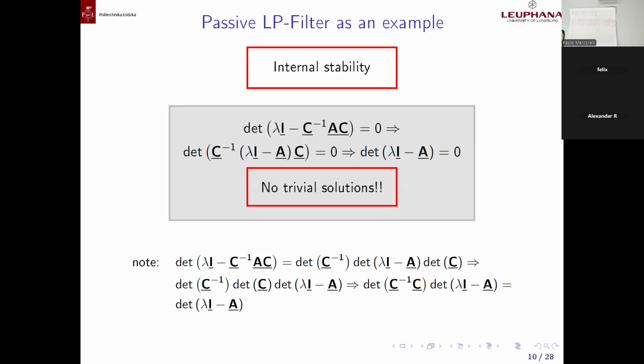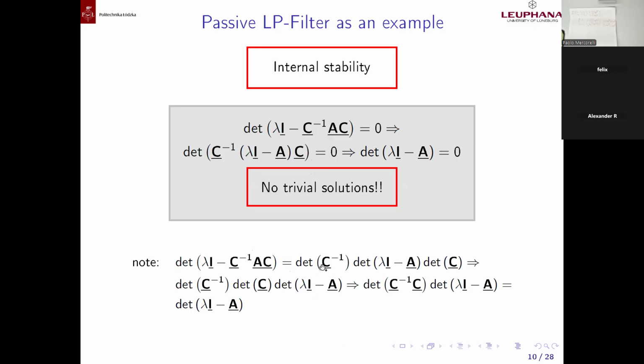So this expression here, we have seen can be written in this form here, put in evidence on the left C up to -1, put in evidence on the right C. And then, of course, we have here the determinant of a product of matrices, which equals the product of the determinants of each matrix.